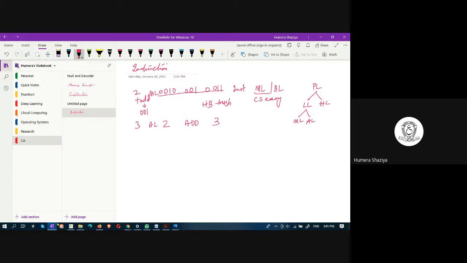And when you move further to high level language, you don't have to learn these mnemonics. These are known as mnemonics. It starts with M, however, M is silent.